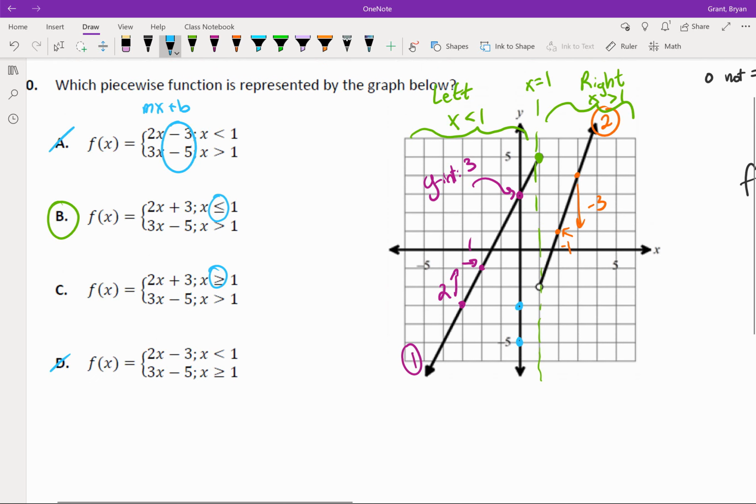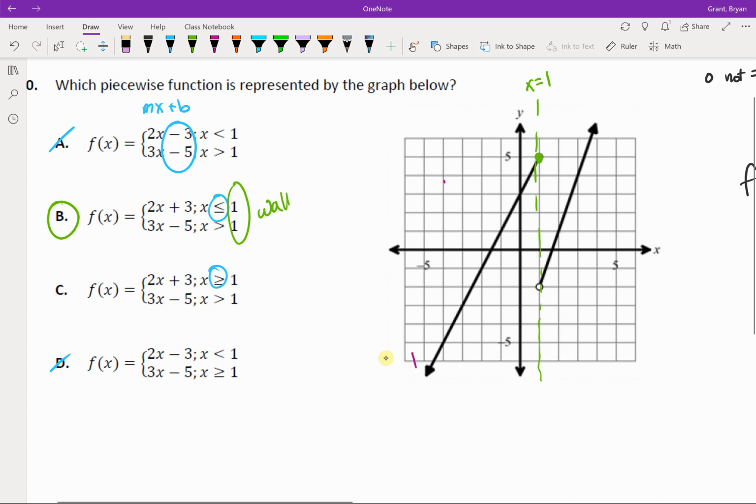So we need to go and maybe sketch a quick wall at 1, which is what I did over here. I'm going to get rid of all this extra stuff. Here is my wall that's at 1. And then we need to see, well, did we use this equation to the left side of the wall or to the right? Now don't forget that less than is going to be to the left of the wall, greater than is going to be to the right.